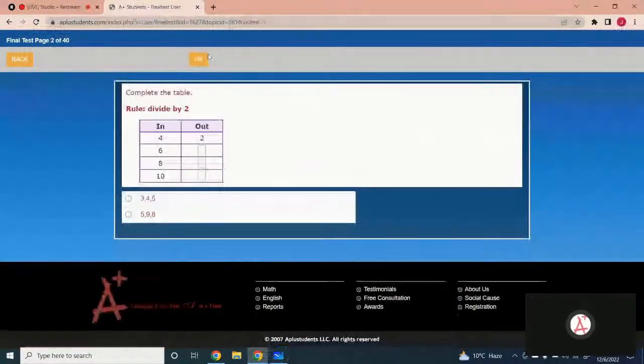Okay, the next one is complete the table. You have to divide by 2. So which is the correct option? 3, 4, 5 or 5, 9, 8? You have to divide all the numbers by 2. So 6 divided by 2, 8 divided by 2, and then 10 divided by 2.